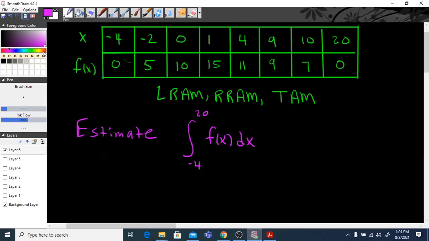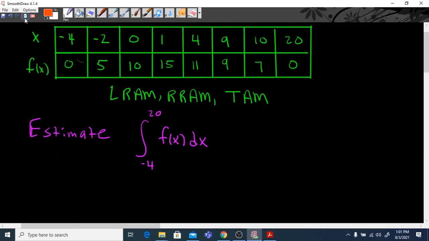Let's jump in and talk about the differences between left and right rectangle.